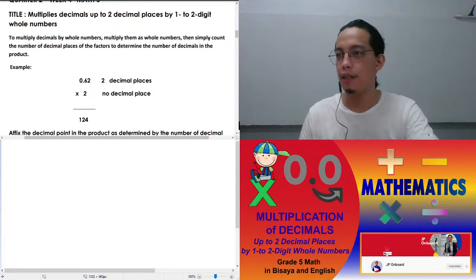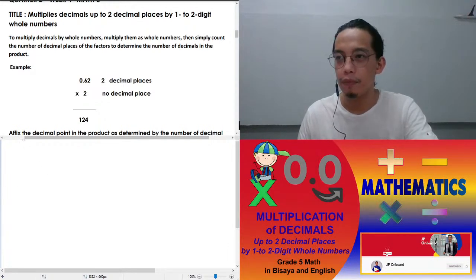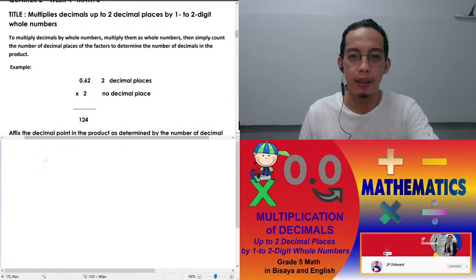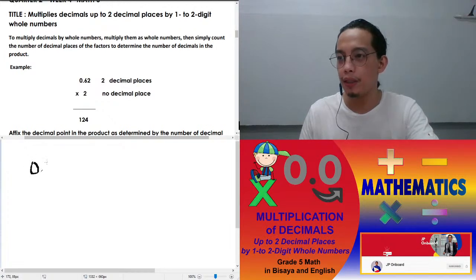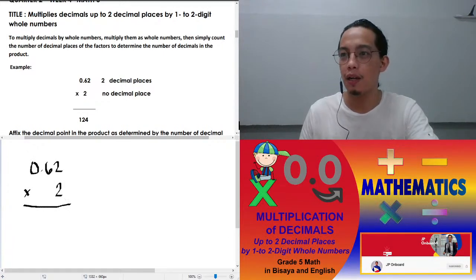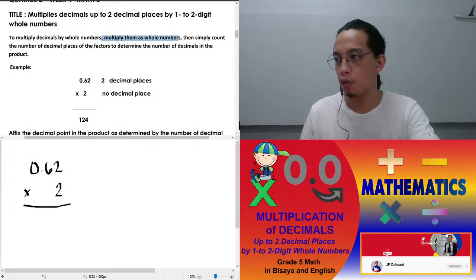Alright, so as mentioned here, we have an example: 0.62 times 2. Okay? As I mentioned in our resource here, multiply them as whole numbers.